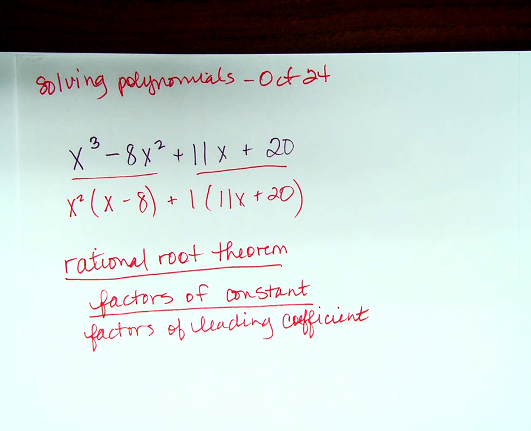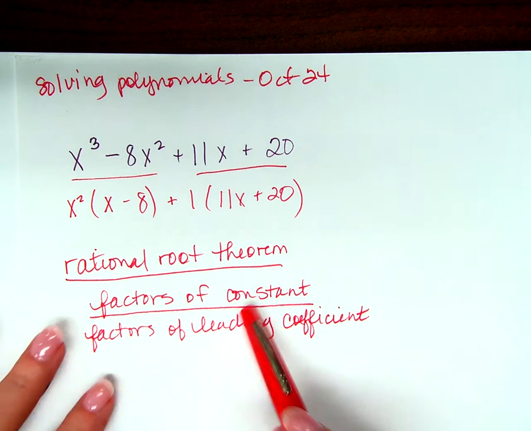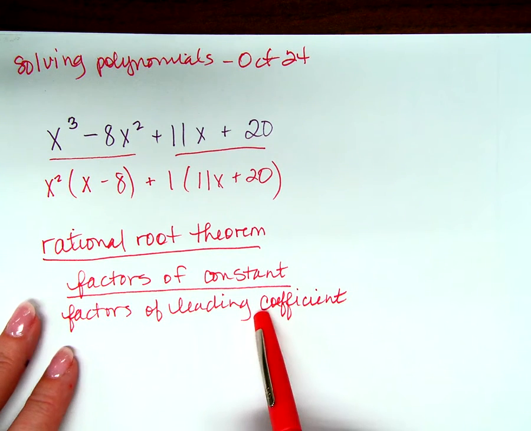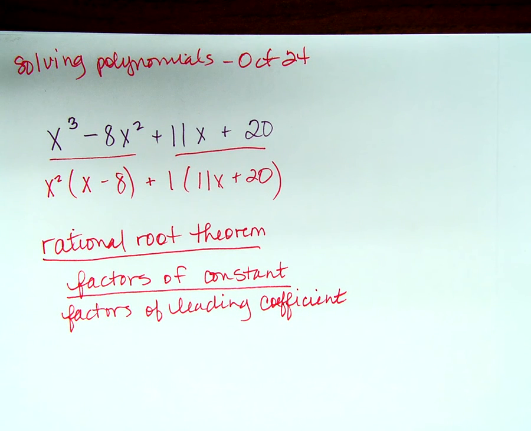Right now, how many possibles do we have to try? Infinity, right? So if we use the rational root theorem, that's going to help us make it a smaller number of numbers that are possible factors. Okay?